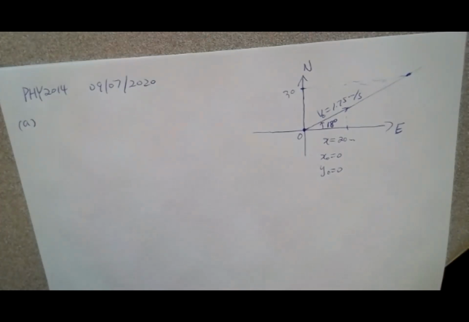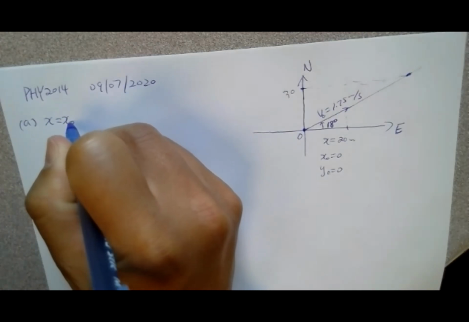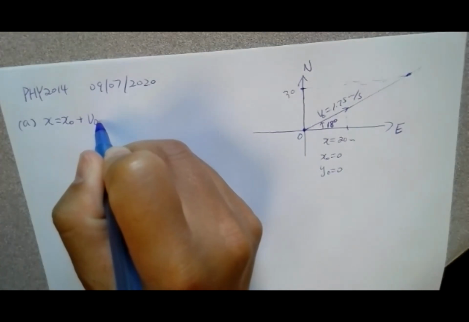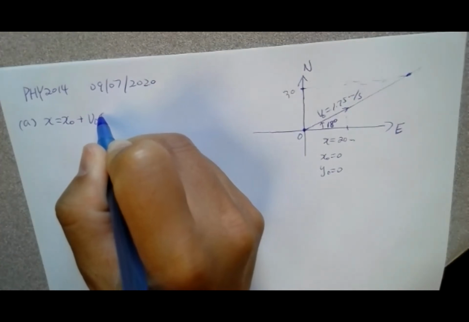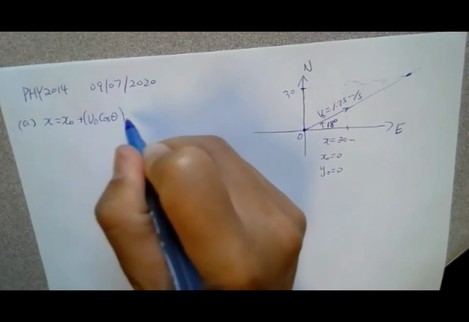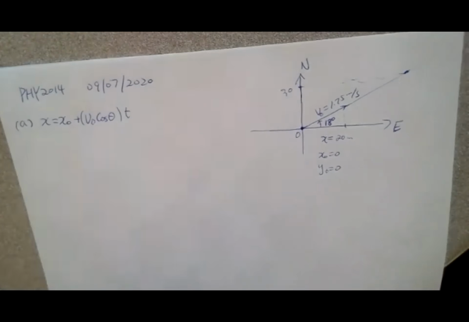It doesn't change. So then you can look at the equation for the position in X. X is equal to X naught plus V0X times T, which is V0 cosine of the directional angle times T. You can check the previous slides for the equation here.